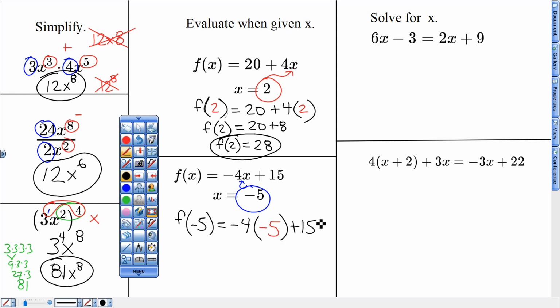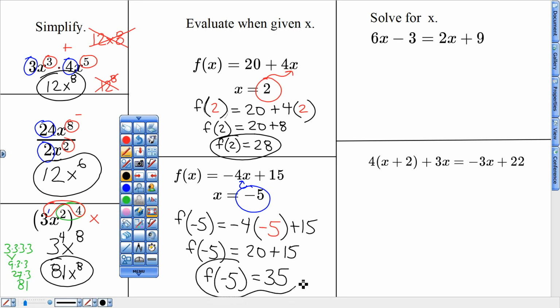And that gives me the function when I plug in negative 5 is positive 20 from multiplying those two numbers plus 15 gives me the function at negative 5 equals 35. That's that problem right there, evaluating a function.